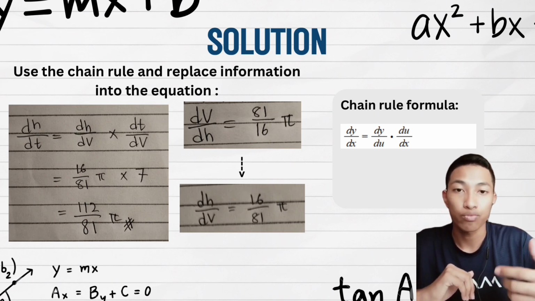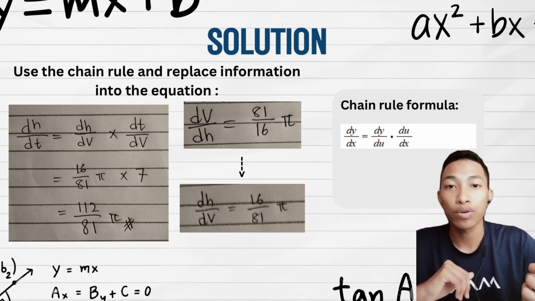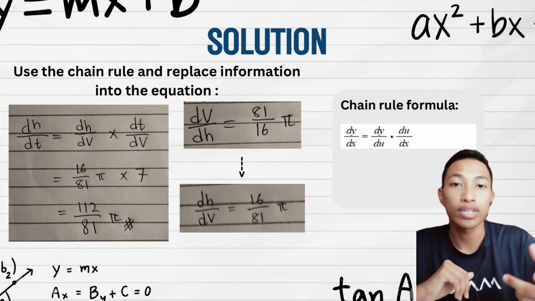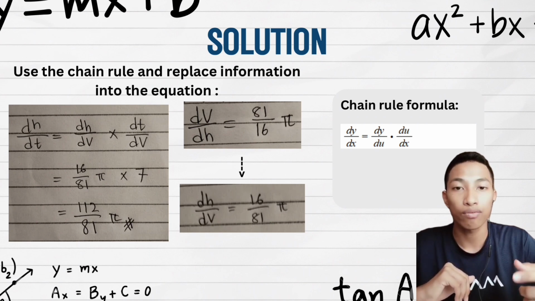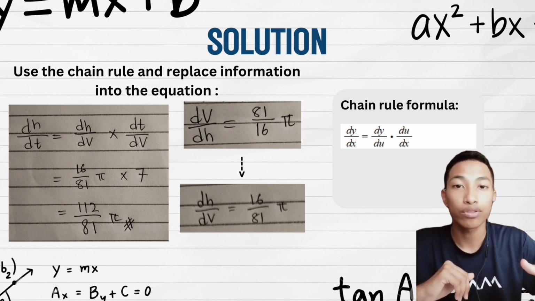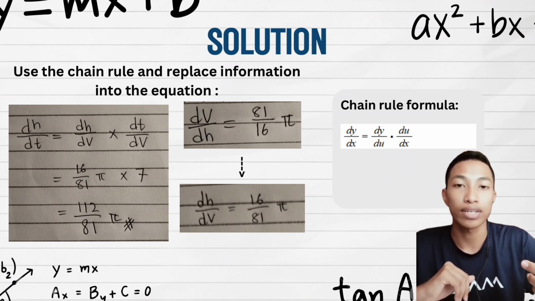In this case, we don't have dh over dv, so we flip the equation we had earlier, dv over dh, into dh over dv. So it is dh over dv equal to 16 over 81 pi, and then we put it into the chain rule, which is 16 over 81 pi multiplied by dv over dt, whose value is 7, and the final answer is 112 over 81 pi.